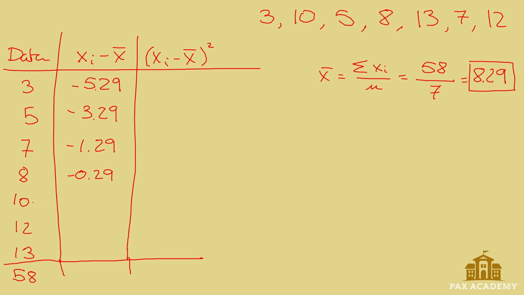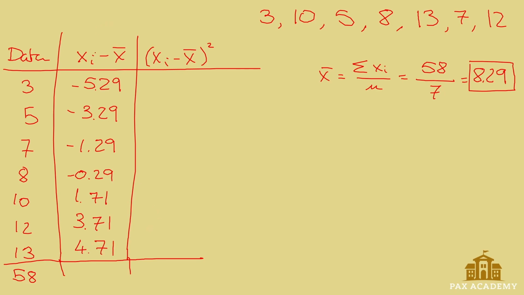Then we have 10 minus 8.29, that gives us 1.71. Then 12 minus 8.29, 3.71, and then 4.71.